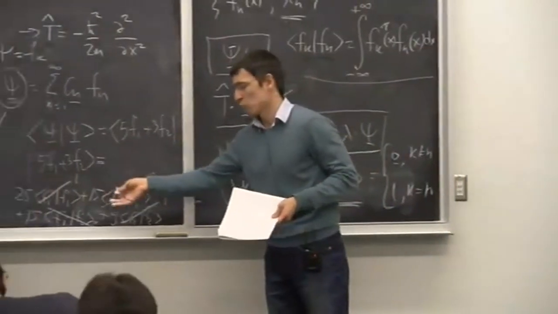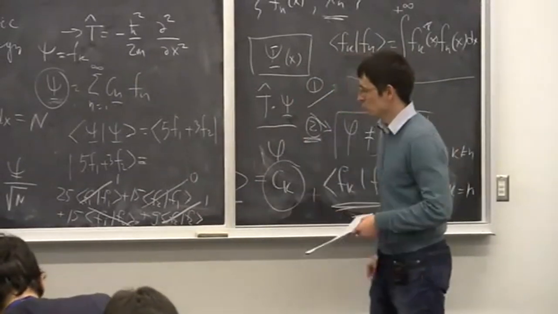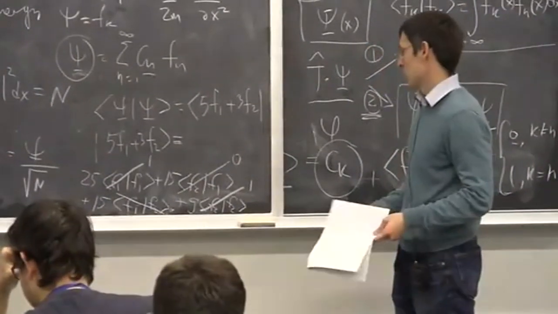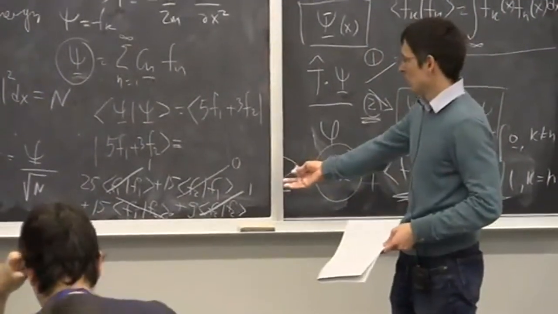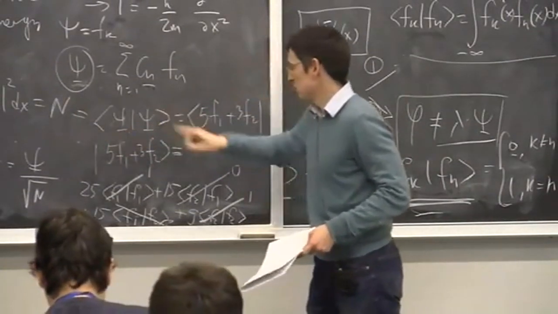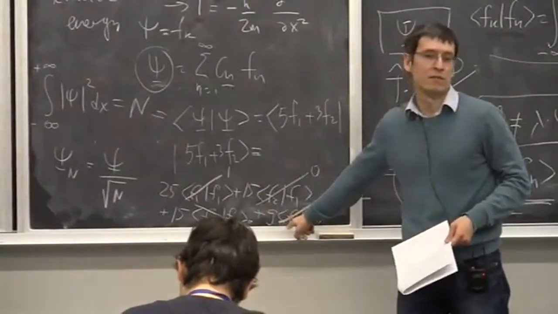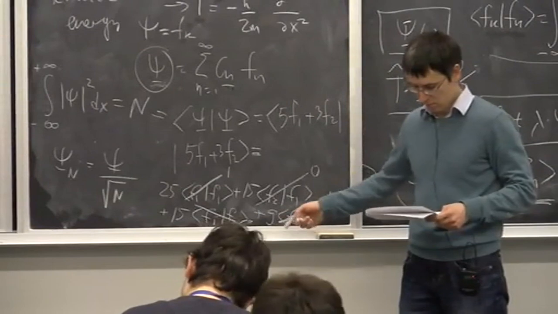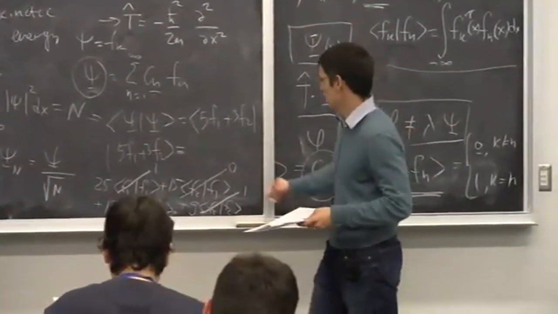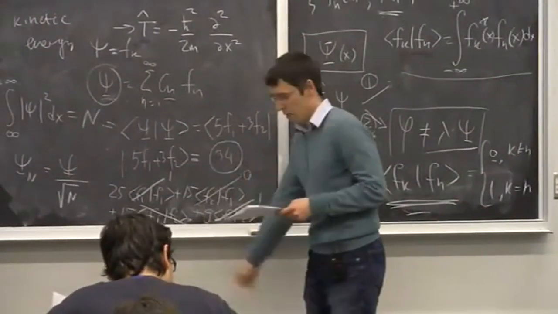You skip all the integration, you just do the algebra. By algebra I mean you just use the relation between the quantities instead of doing calculus where you need to differentiate and integrate. So what does this mean? That means the number N, the inner product of the function with itself, is 25 plus 9, which is 34.